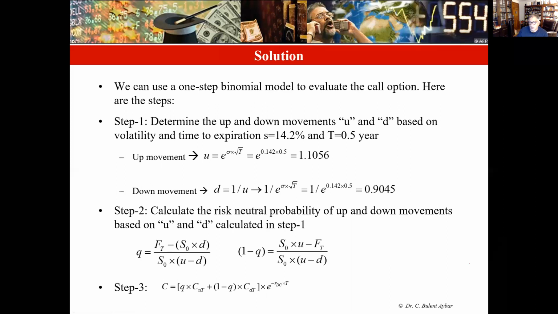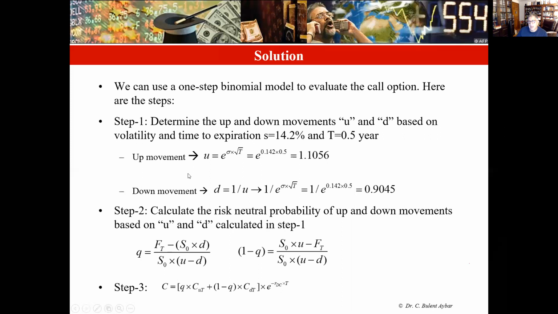The up movement is given by e to the power sigma, which is the volatility, times the square root of the time. E is, again, the exponential function, and this is the power of the exponential function. So we plug in these numbers and evaluate this exponent at 1.11056.